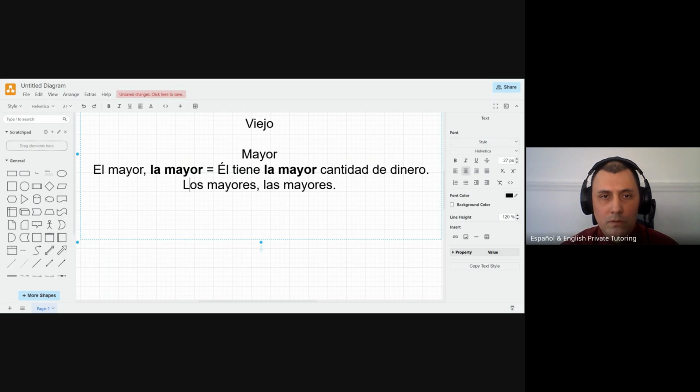When you use these superlatives with quantity, it doesn't mean the oldest. It means the most. He has the most quantity of money. That's a direct translation from Spanish.